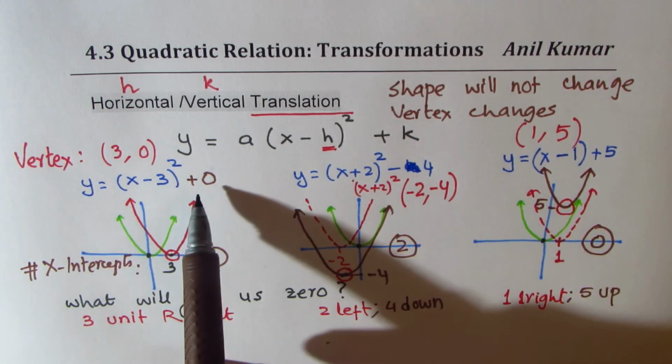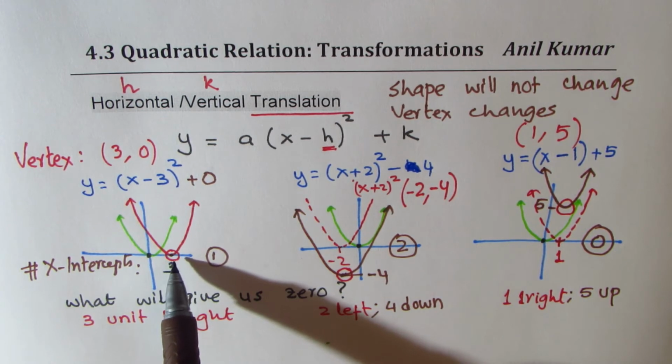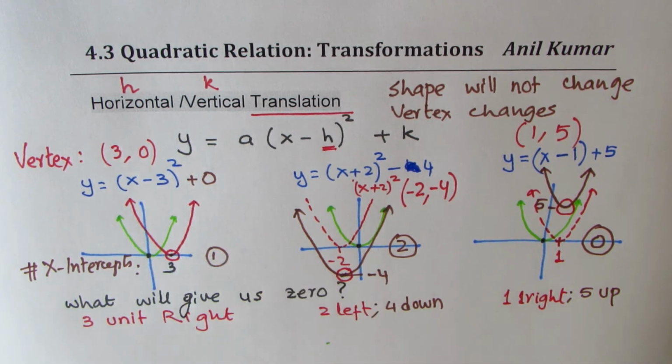But if we have a 0 for vertical translation, it maintains its one x-intercept. Does it make sense to you? Now these three are very, very important points for most of the multiple choice questions which we are going to work with. And at the end of this unit, I'm going to have a test where these points will be highlighted. So try to get them.